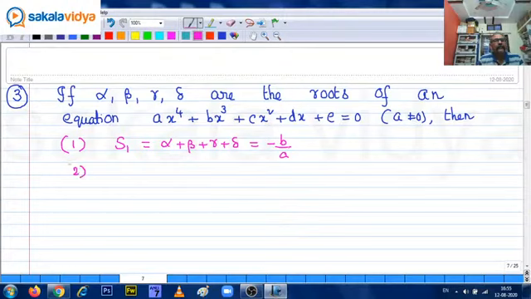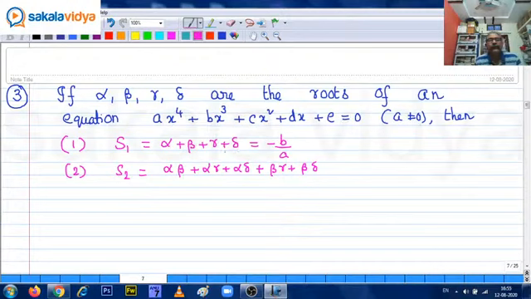Second one, s2 is equal to, this is very important, you remember, alpha beta plus alpha gamma plus alpha delta, taken two at a time. So next is beta gamma plus beta delta plus the next one is gamma delta, taken two at a time.